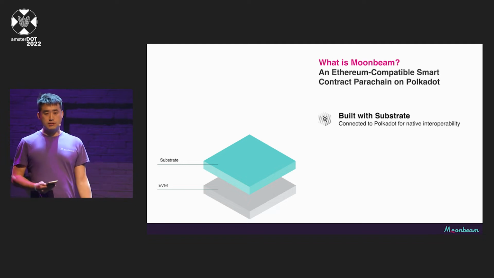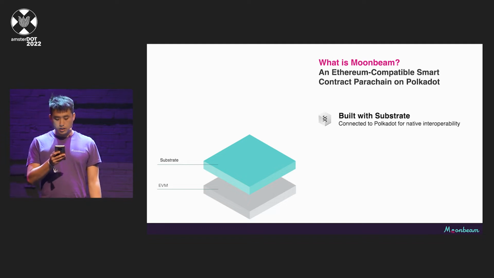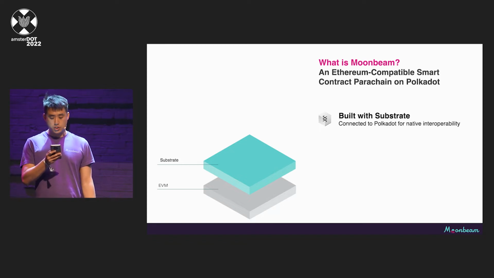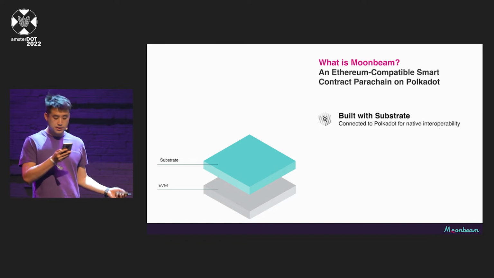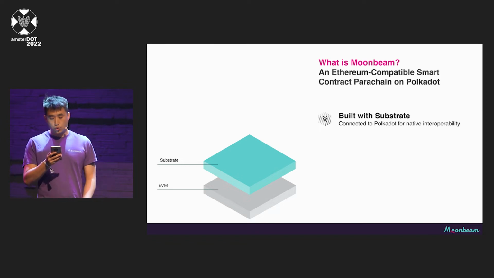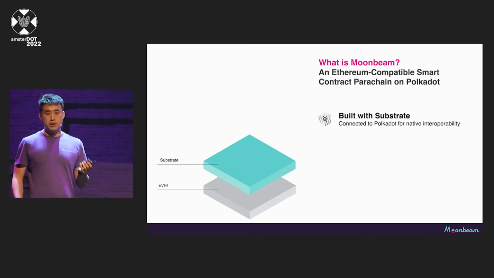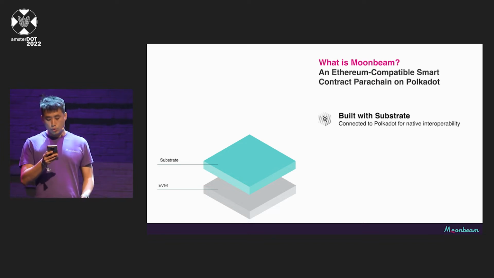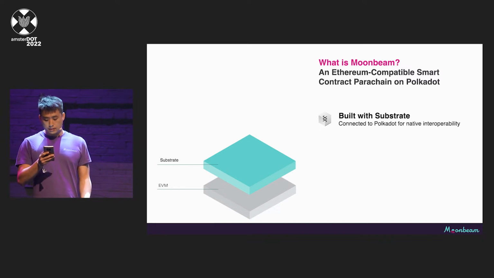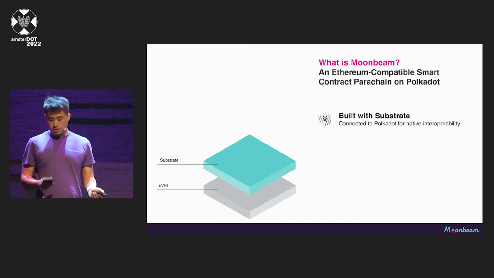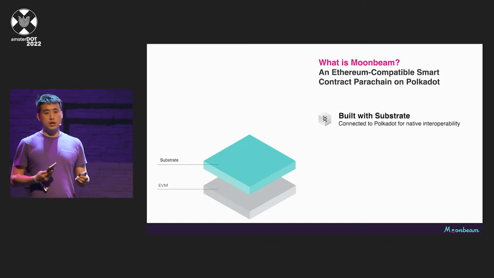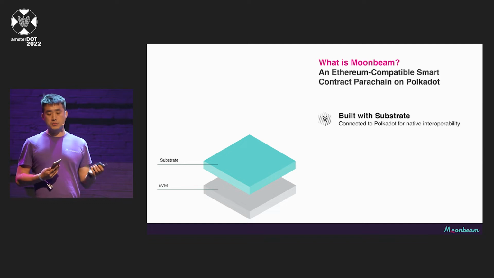Because underneath everything, Moonbeam is very much a Substrate chain. So a lot of this talk should be taken within that context. We are very much creating an EVM environment within a Substrate framework. And that is what makes it tricky, but that is also what enables a lot of awesome possibilities.